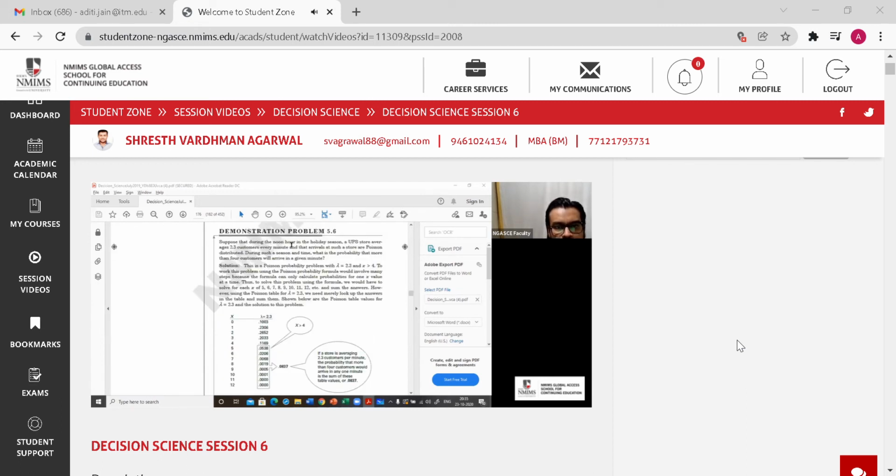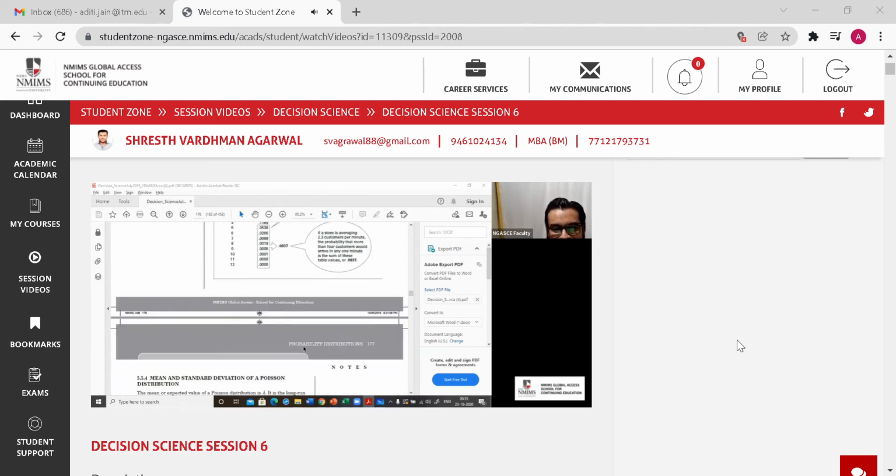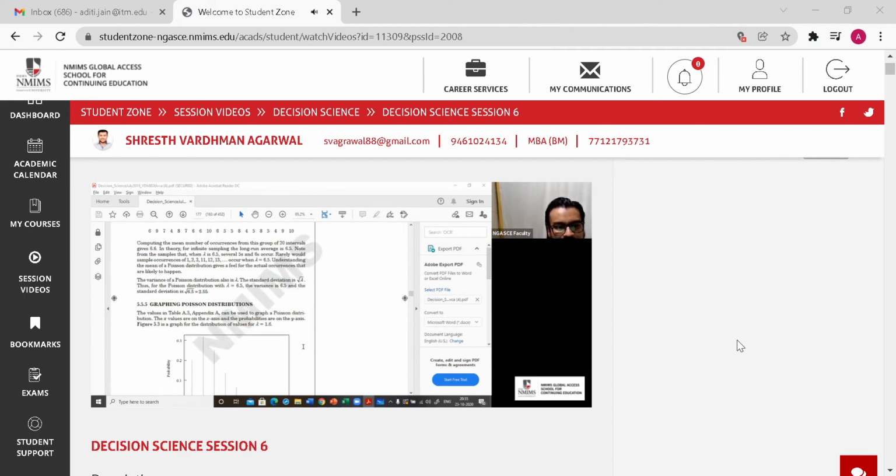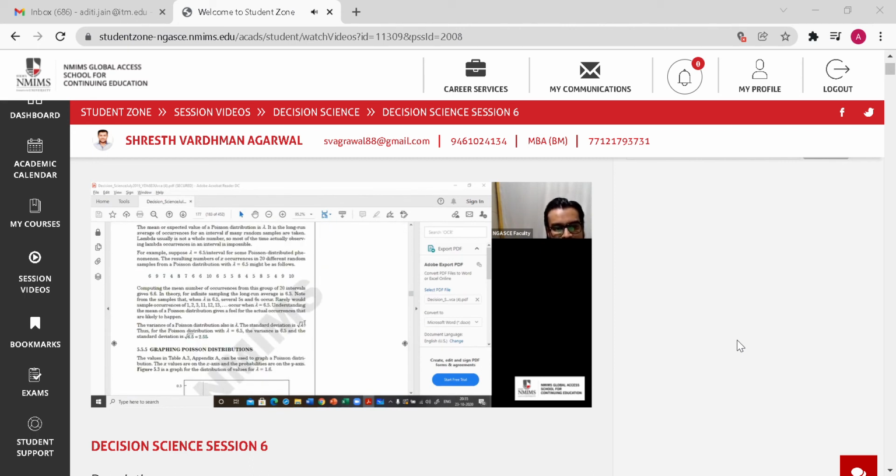Suppose that during the noon hour, this is the same example that I have at least discussed with you, so no need to discuss this. Here you just remember that the mean is lambda, and the standard deviation is the square root of lambda.